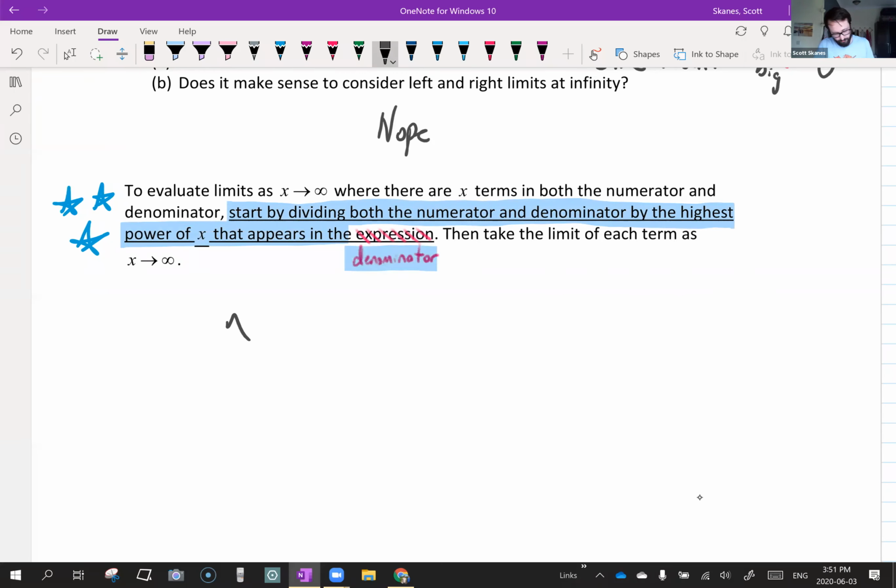A little example. For example, if we had this, this would be a case where we have x in the top and the bottom. Look what we need to do. It says we need to divide the numerator and the denominator by the highest power of x that we see. Okay, what's the highest power of x that we see on the bottom?